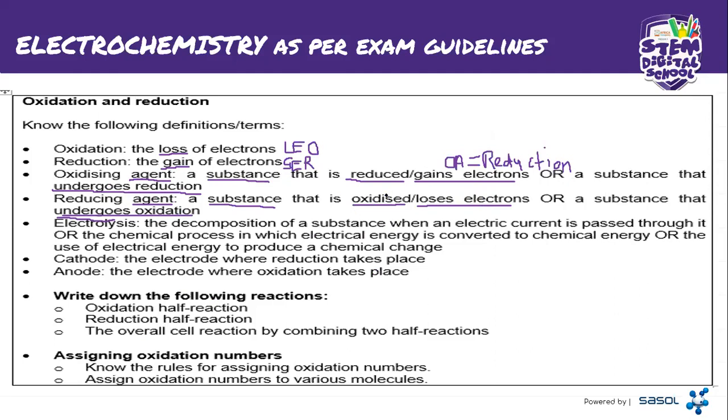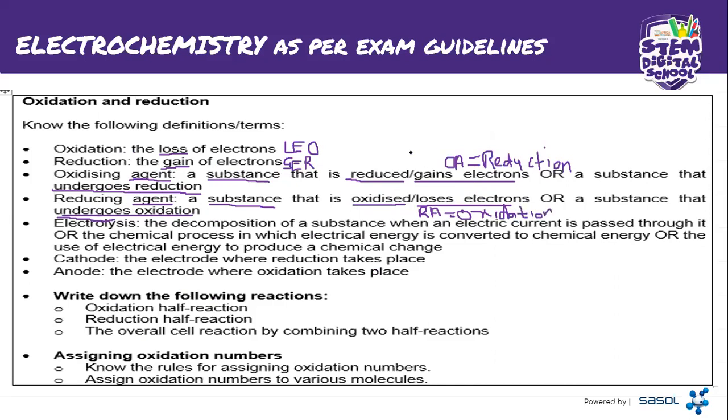And you will remember what I said to you. I said reducing agent will then go with oxidation. A reducing agent will go with oxidation. So remember that altogether, my dear learners.